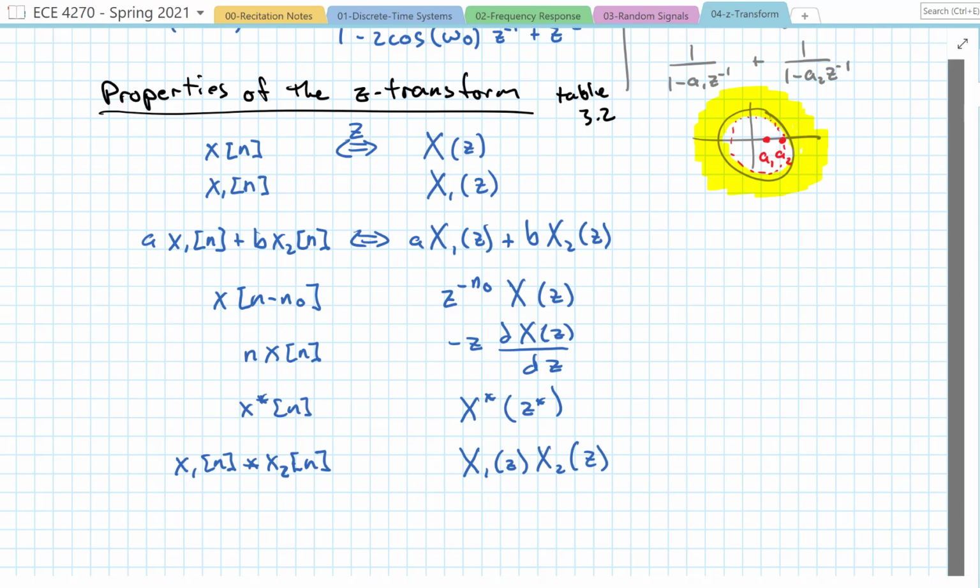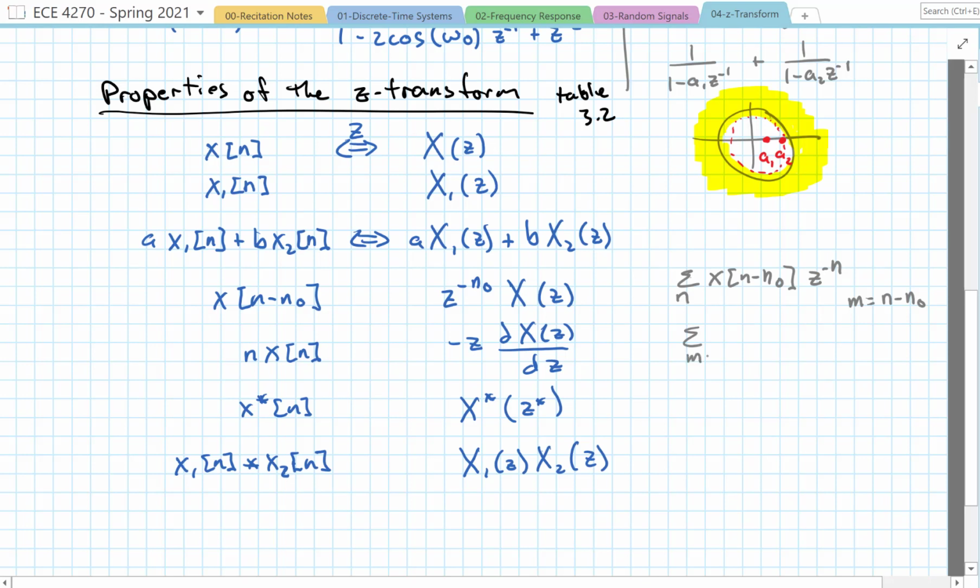So let's run through just the development of a few of these. Maybe this one right here on delays. If we were to take x of n minus n naught, z to the minus n, and do a substitution of m equal to n minus n naught, then the sum over all n is going to be the sum over all m.